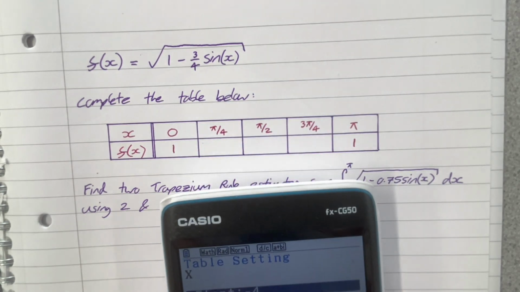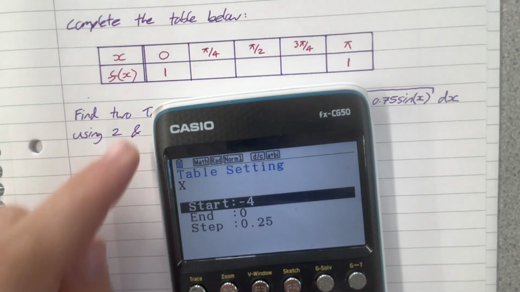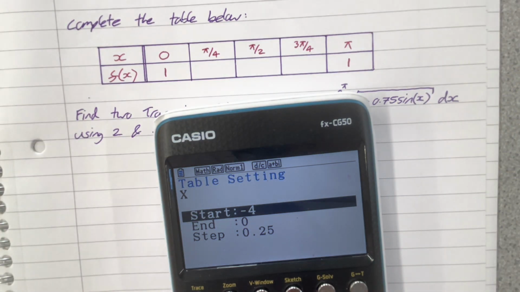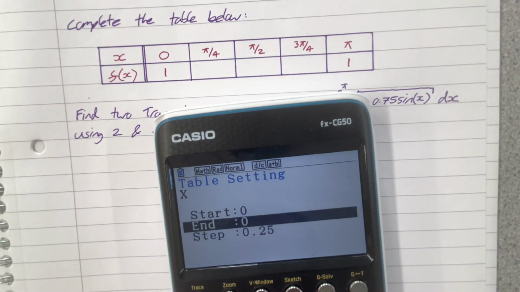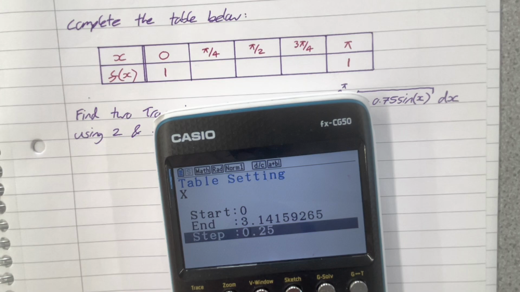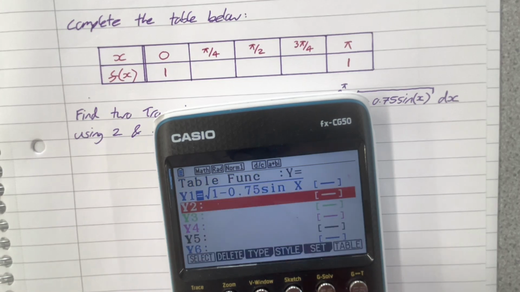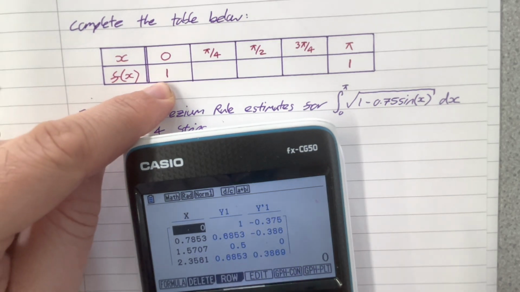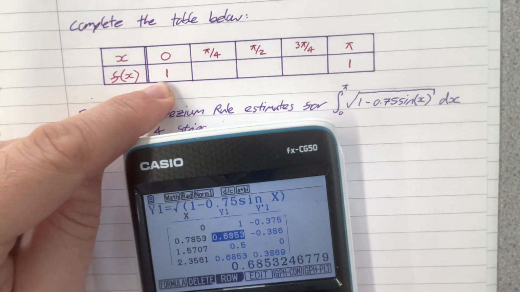Okay, the values I want to evaluate this function at are 0, pi on 4, pi on 2, 3 pi on 4, and pi. So I'm going to start at 0, finish at pi, and go in steps of pi on 4. Table. We can see that when x is 0, y is 1, which is good. They give that in the question anyway.